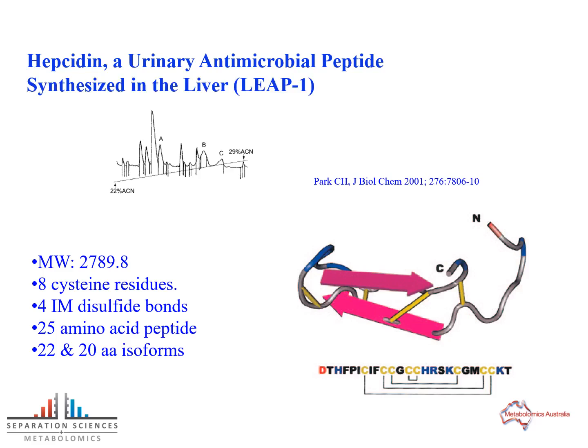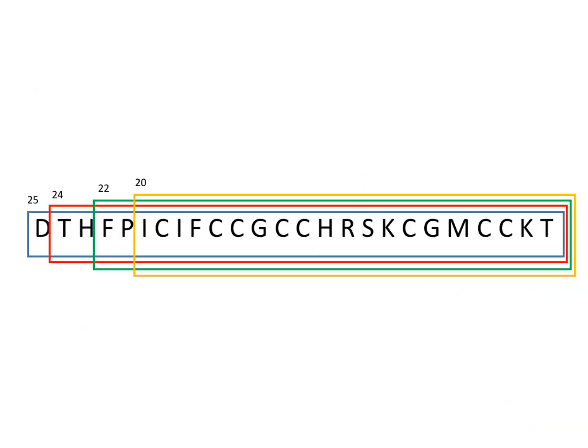It's true to say that hepcidin 22 and 20 are formed from hepcidin 25 by cleavage from the N-terminal end, and early on there were questions about whether hepcidin 20 and 22 were simply degradation products of hepcidin 25.